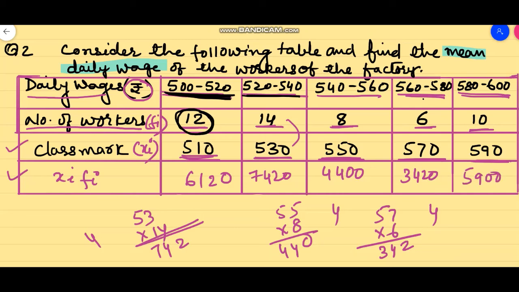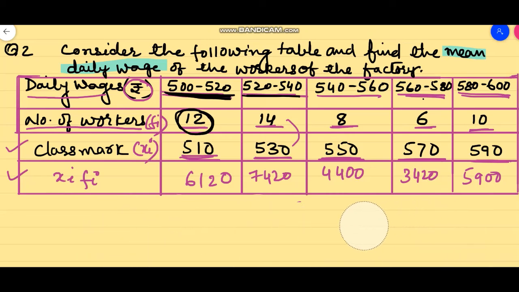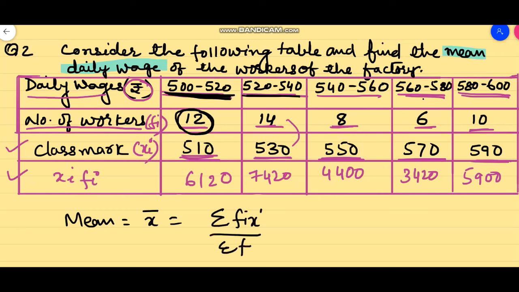Now what you have to do here, children, is simply add all these values to get sigma fi xi. How do you calculate the mean? The mean is also denoted by x bar. This will be equal to sigma fi xi by sigma fi. Now what is your sigma fi?